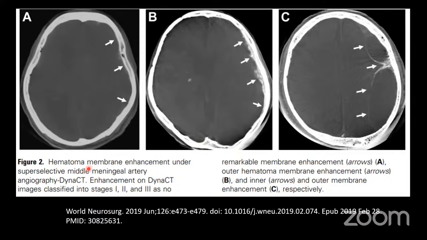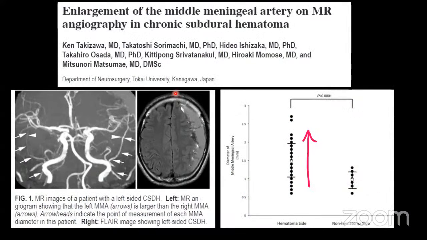Here we can see in a dynamic contrast CT, initially there is no leakage of contrast, then leakage of contrast comes, then both the septa become enhanced. So that means there is continuous oozing of contrast from the chronic subdural space. At the same time, we can see that the middle meningeal artery is very much enhanced on the side of the chronic subdural hemorrhage.